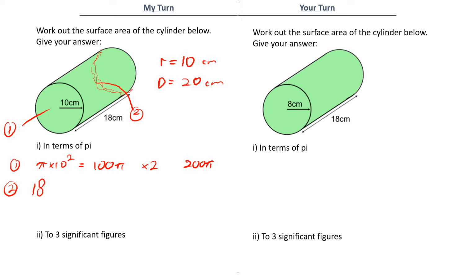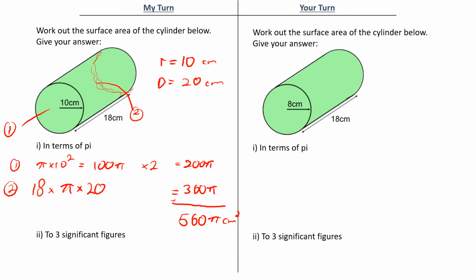Now remember, the width then is going to be the circumference of the circle, so it's going to be pi times by diameter, which is 20. So that's going to give me 360 pi. So to find the TSA, total surface area, add them together, we've got 560 pi, and my units centimeters squared.